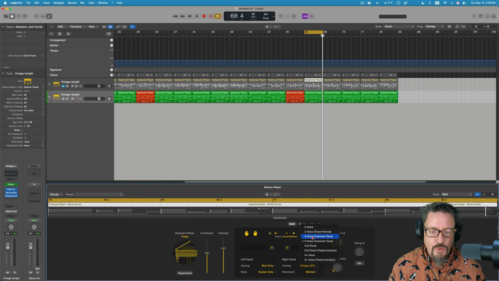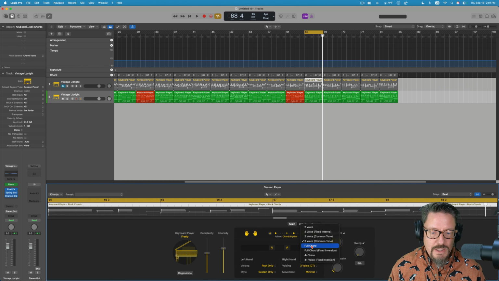But I'm not going to be likely using the common tone unless I'm really struggling or I want some sort of note in there that's not part of my chord track. Same for the 3 voice common tone. I'm just not going to be using that one at all because it could easily bring in a note that's not part of my chord structure.